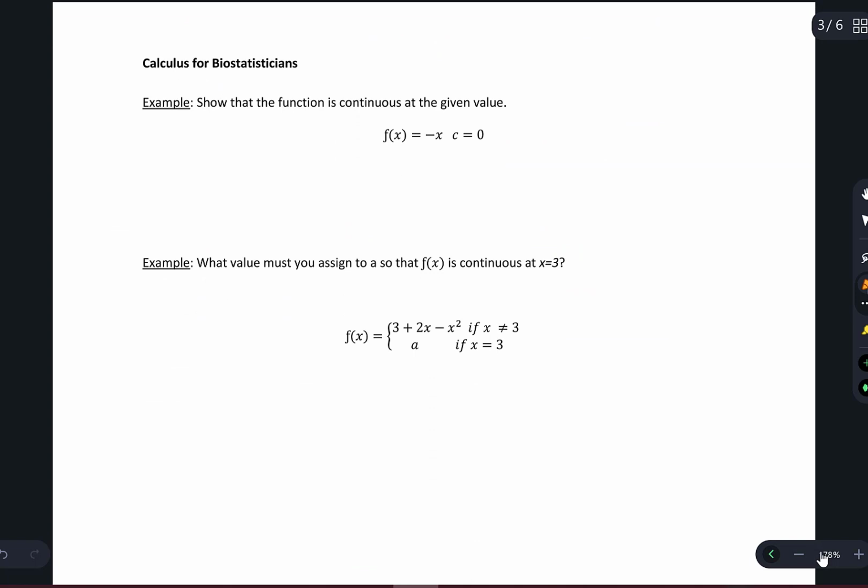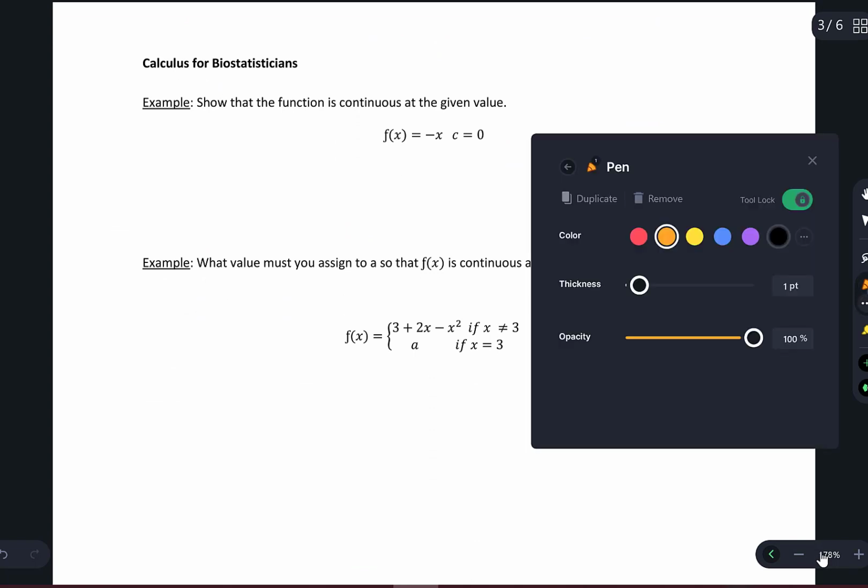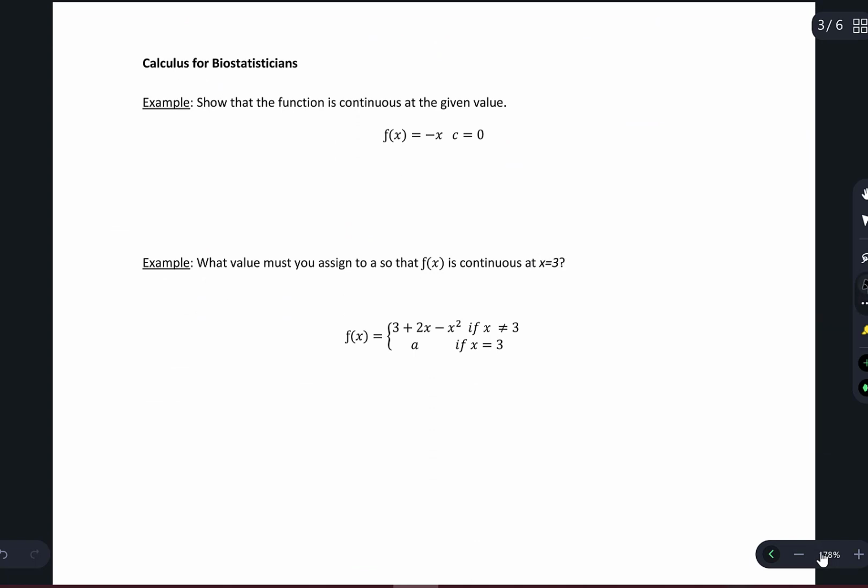All right, so let's look at several examples here. For the first one, we're going to show that the function is continuous at the given value. So first, we are going to note that f of x is defined at x equal to 0.